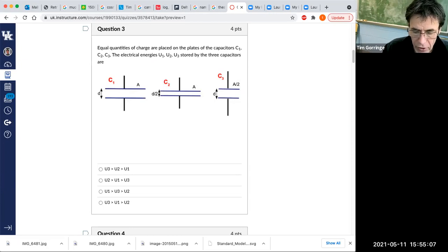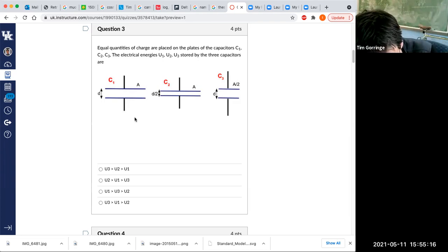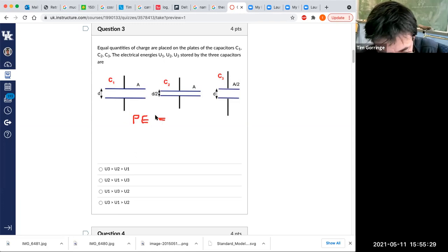And we've got to comment on the electrical energies that are stored in the capacitors. And the way we're going to solve this is think about the relationship between the energy, the potential energy, and the charge and the capacitance.